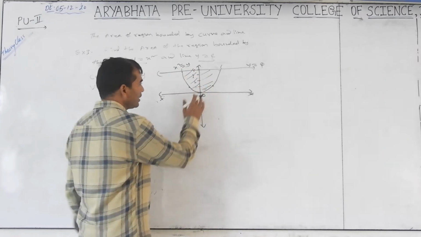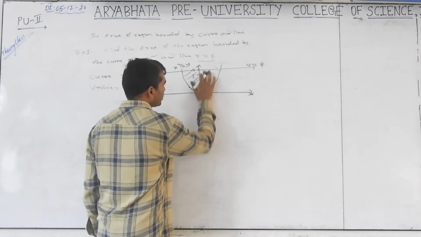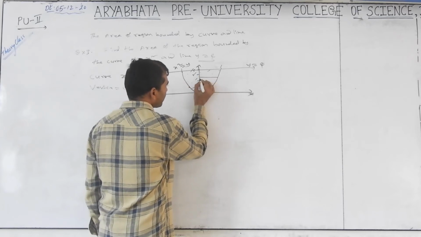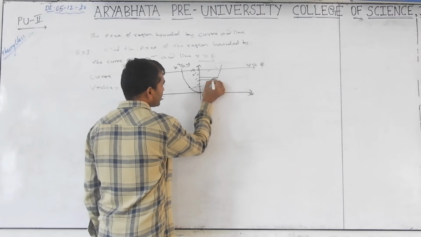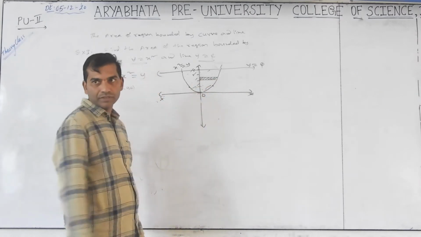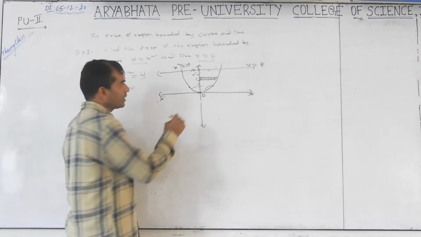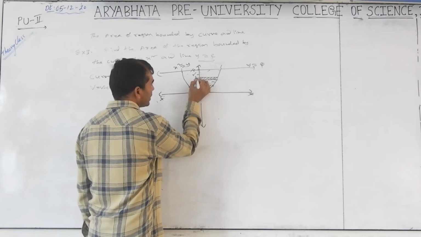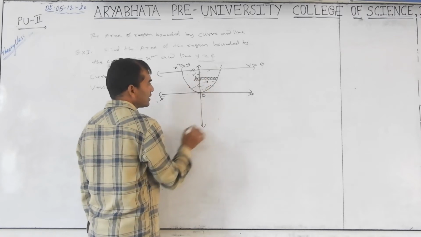First I am going to find this part. For that I am taking it with respect to the y-axis, because we can't take it with the x-axis. Horizontal strips only we should take. The length here is x and the width is dy, so the area of the rectangle is x dy.